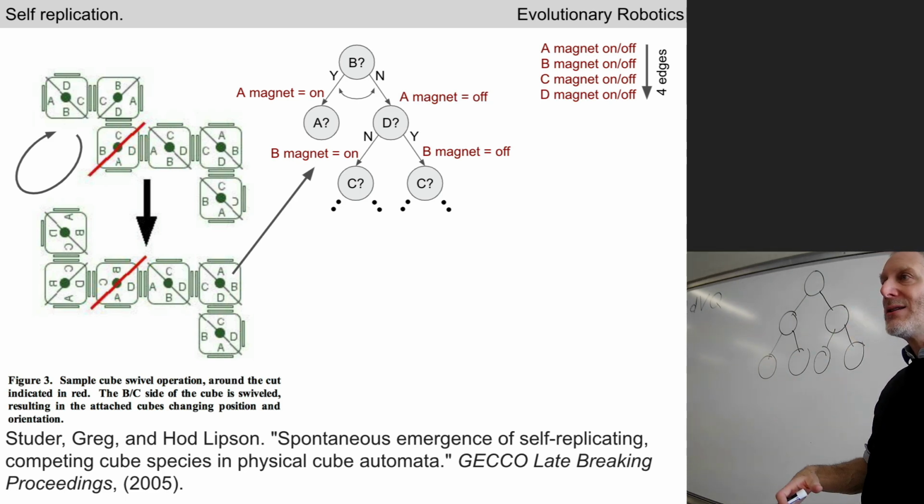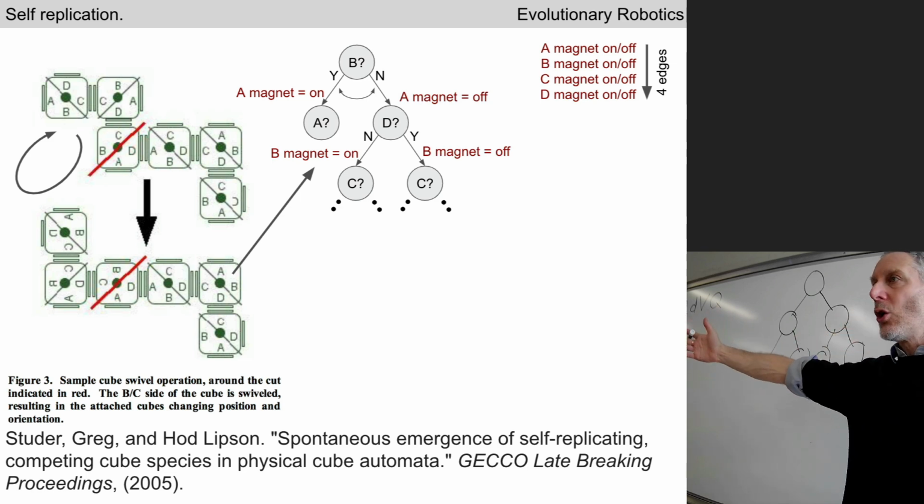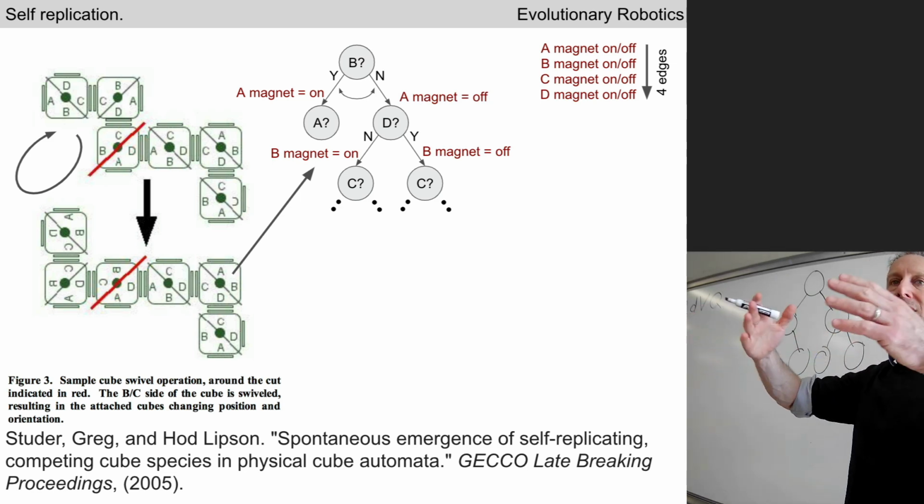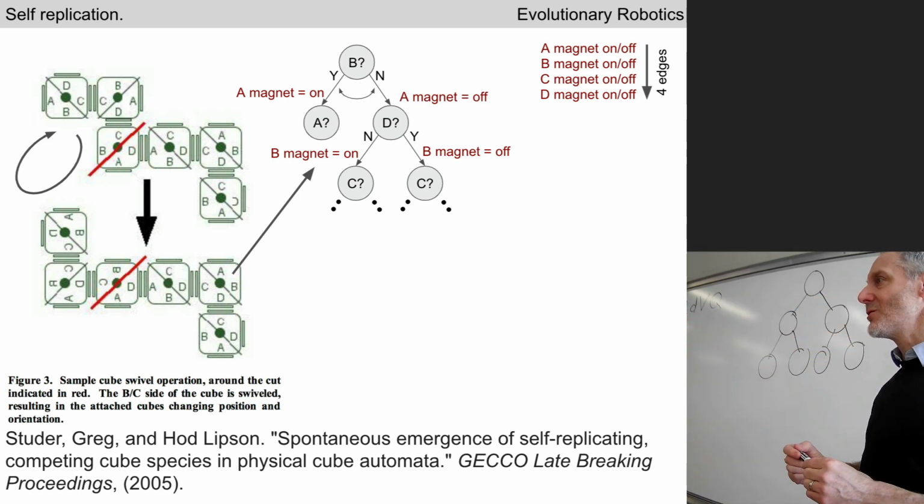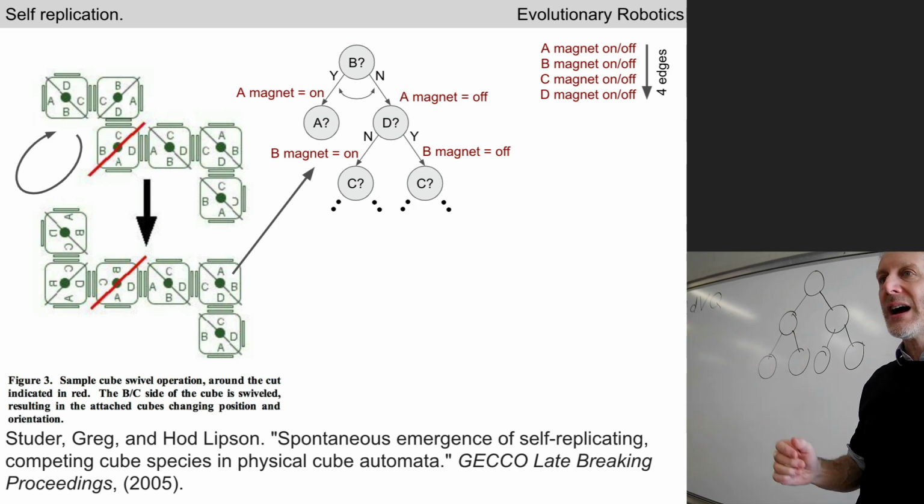If you've ever worked with Python, you're pretty comfortable with putting a whole bunch of numbers in a list. You're probably comfortable with putting numbers into a dictionary. Those are all different kinds of data structures. This is a particular type of data structure known as a tree.